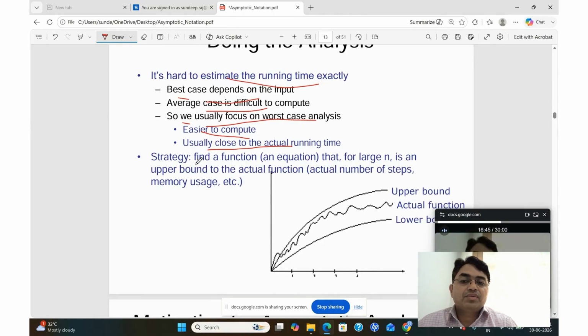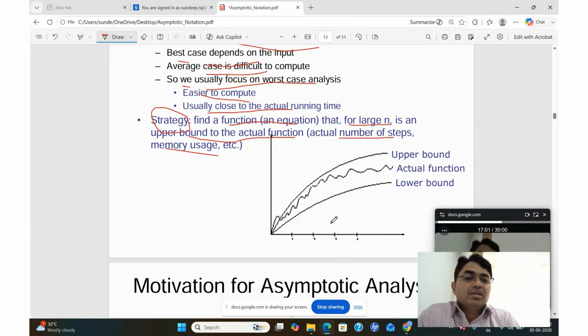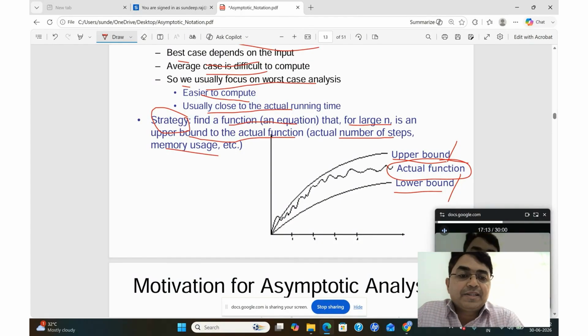So the strategy we will use is to find an equation or function for a large value of n that is an upper bound to the actual function, meaning the actual number of steps, memory usage, or other primitive operations. The lower bound and upper bound are somewhere there. Lower bound means best case, upper bound means worst case, and the actual function will be somewhere in between.